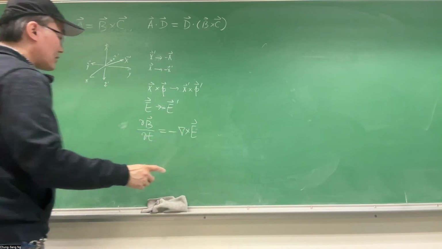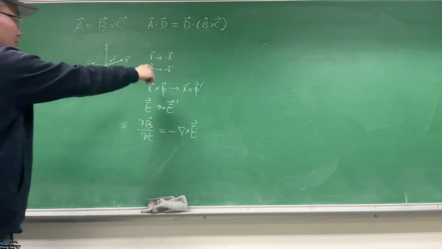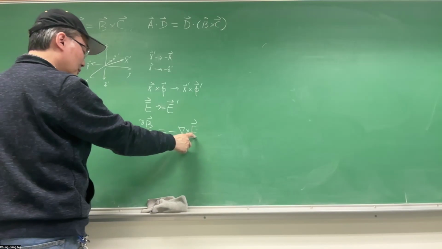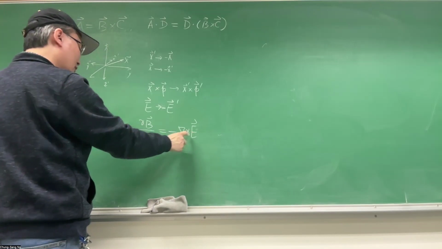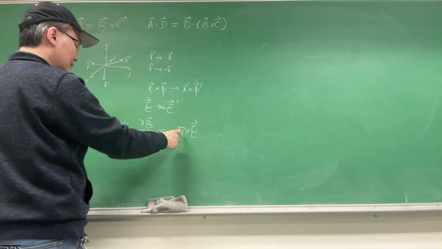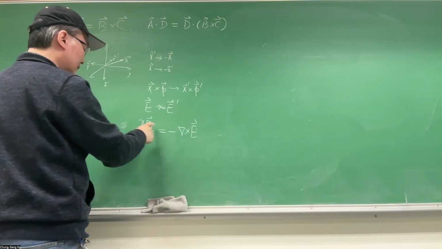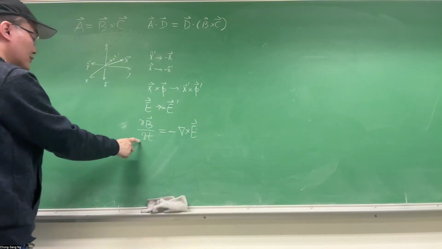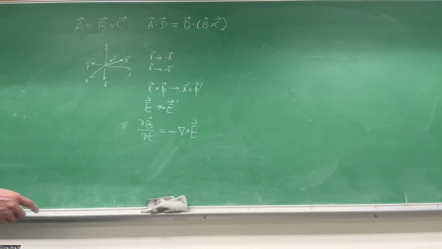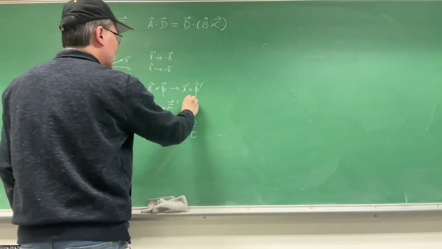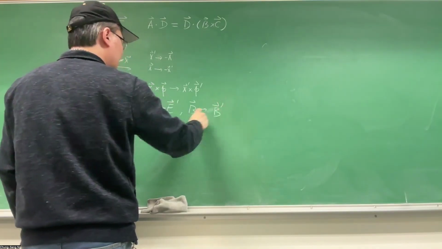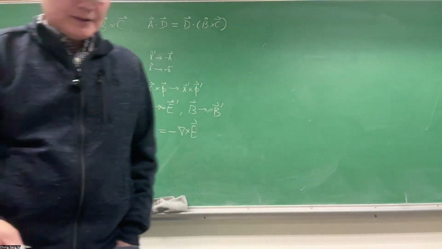And the gradient actually transforms like a vector because x transforms like a vector. So the curl is like a cross product, we still have the same epsilon. Then dB/dt will be a pseudo vector, and B is also a pseudo vector. So B under this inversion doesn't change sign.